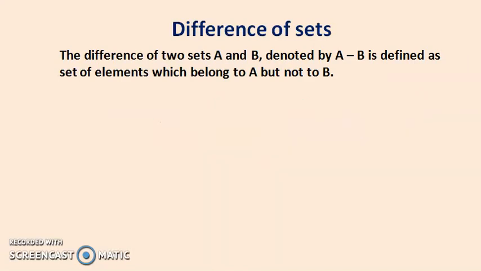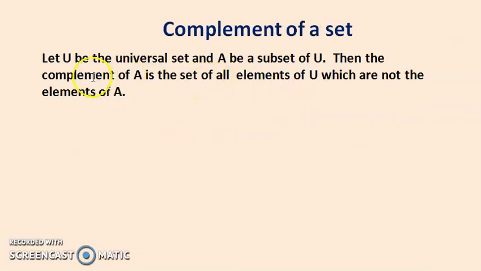Okay, now we'll be discussing the complement of a set. What is called the complement of a set? Let U be the universal set. We discussed in the previous session what a universal set is.